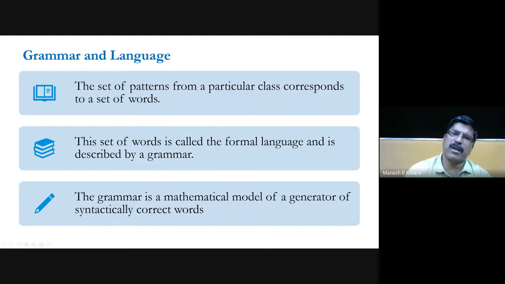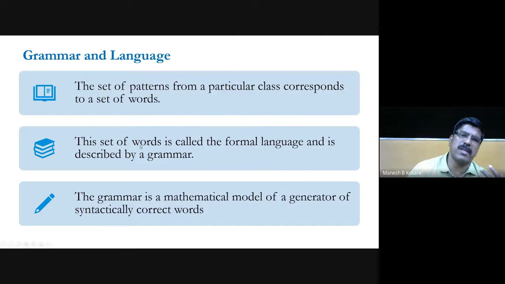Suppose, for example, we take a simple structure like this. This symbol can be represented as A, a horizontal line can be represented as B, and this symbol can be represented as C. So we have A, B, B, and C. That is nothing but the language of that class, right?